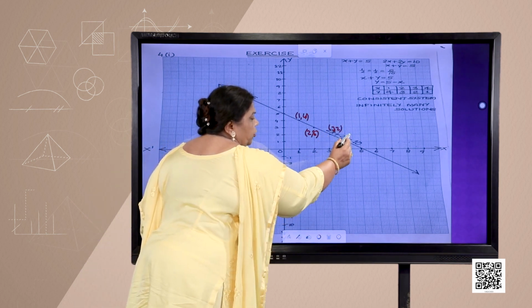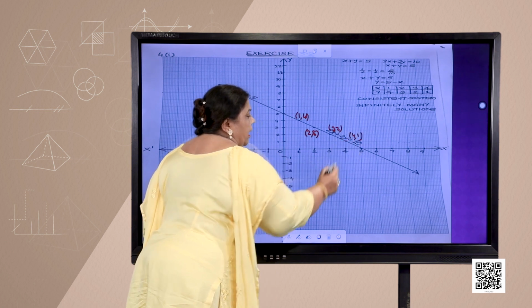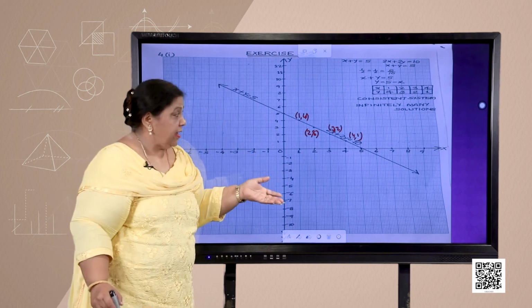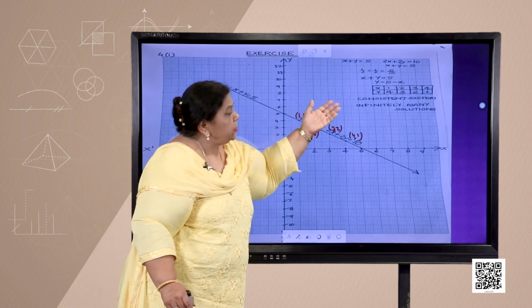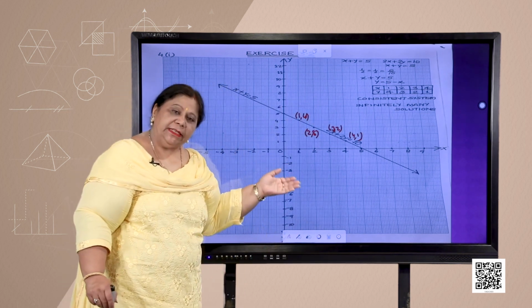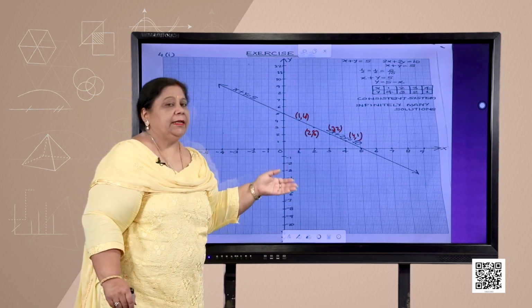This point is 4, 1 and by joining these points we get the graph of these linear equations. x plus y is equal to 5 and 2x plus 2y is equal to 10. We can see that the lines are coincident. Now let us see the next question.